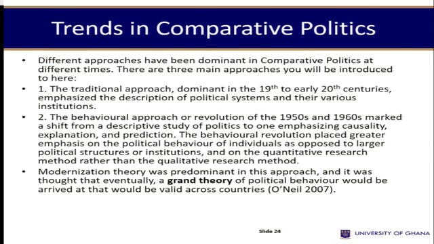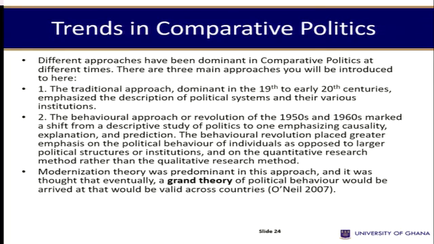Secondly, the behavioral approach of the 1950s and 60s marked a shift from a descriptive study of politics to one that emphasized causality, explanation, and prediction. And if you remember correctly, these are three key elements of the comparative method.